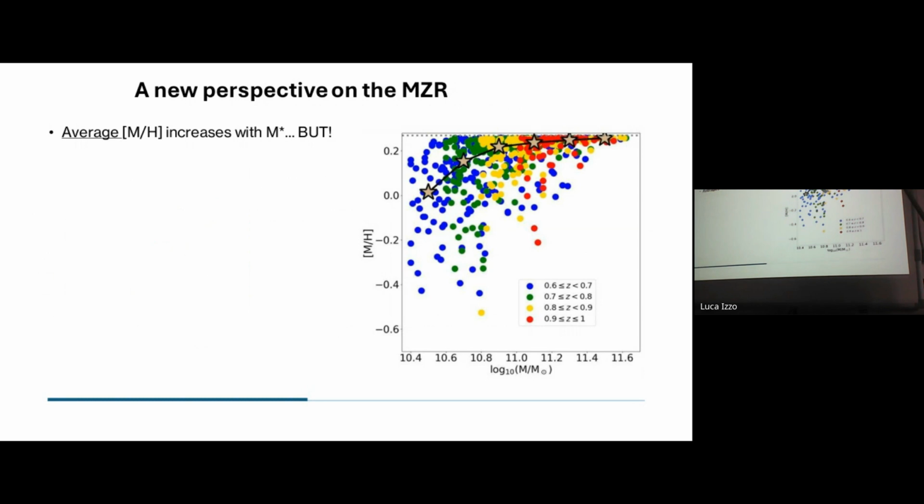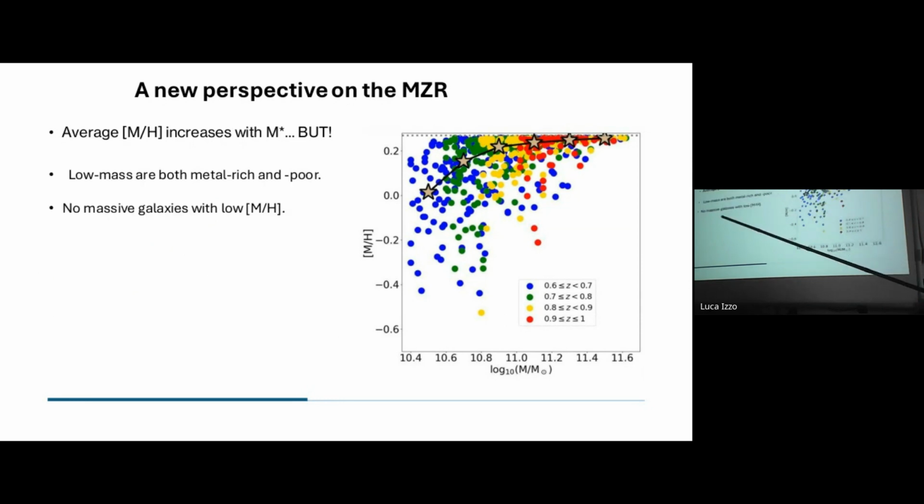On the other hand, at high masses we don't have any galaxy with low metallicity. Also, as the mass increases, we start losing galaxies with increasing metallicity.